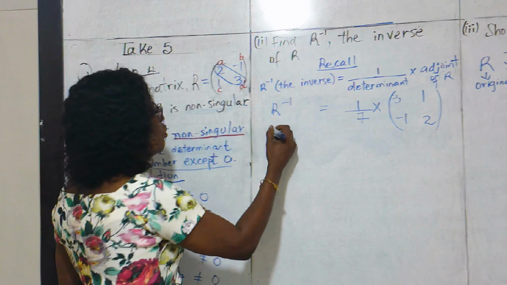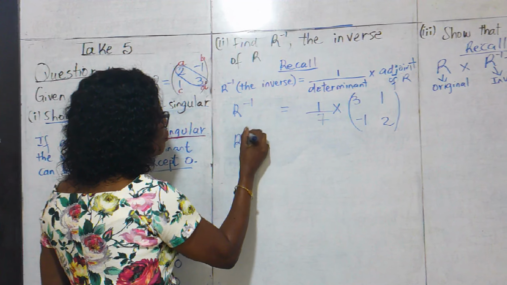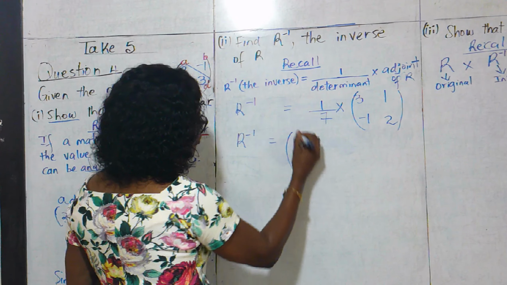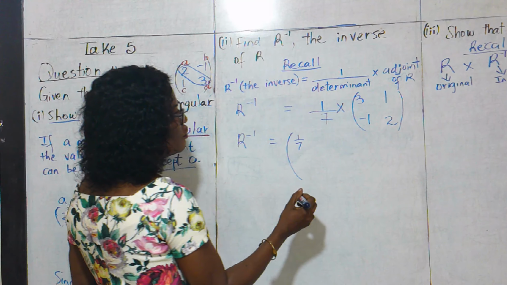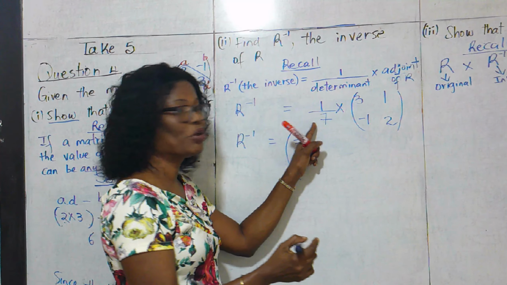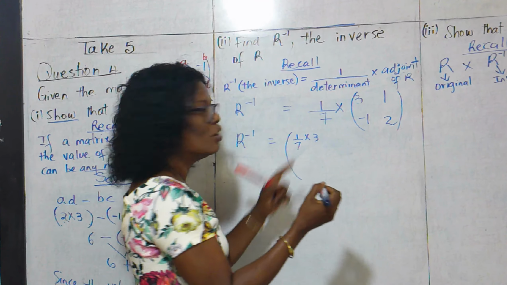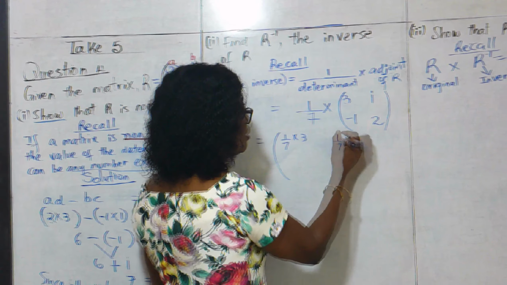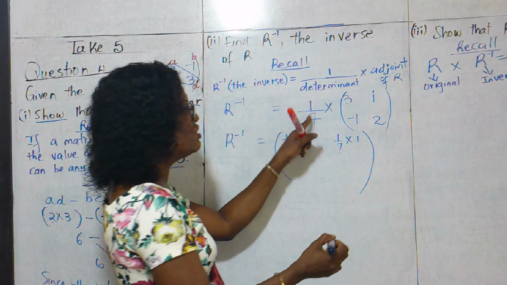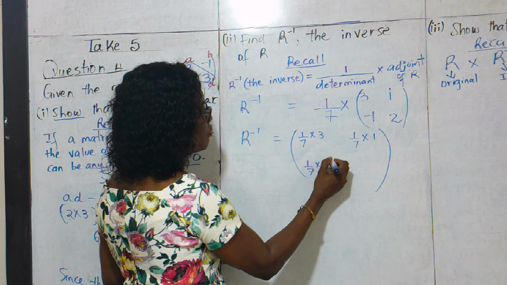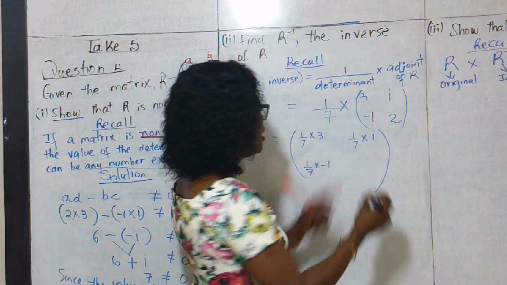Right, so we're going to multiply 1/7, I'm going to multiply it by the 3 first. 1/7 times the 1, 1/7 times the negative 1, and 1/7 times the 2.